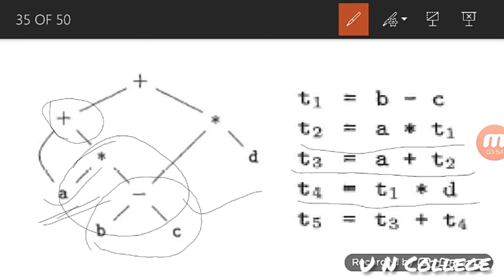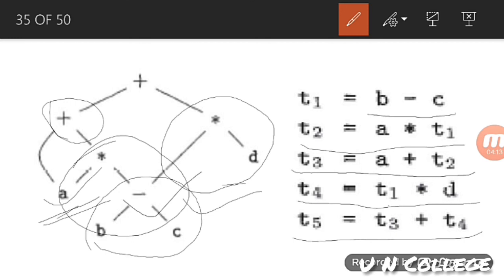Here you can see that T4 equal to T1 into D is here, and T1 is already here, and T1 is representing B minus C. So we are not repeating that one. Then the final one is T5 equal to T3 plus T4.